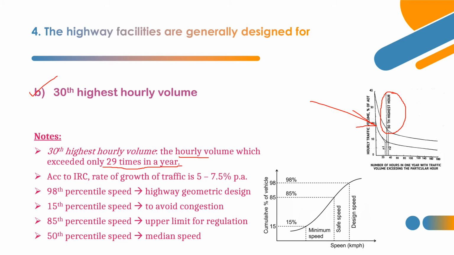And let's see other important things. According to IRC, the rate of growth of traffic shall be considered as 5 to 7.5 percent per annum. These are some codal provisions. And then there are some speed criteria.